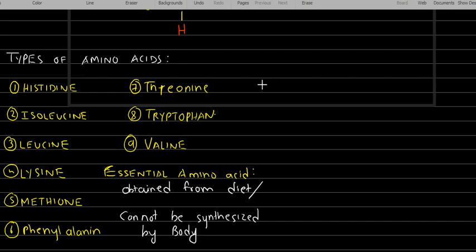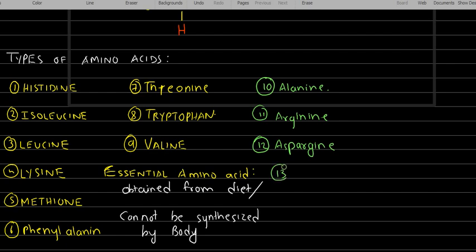These are the non-essential amino acids that I'm going to mention in green color. We can write alanine, arginine, asparagine, aspartic acid or aspartate.